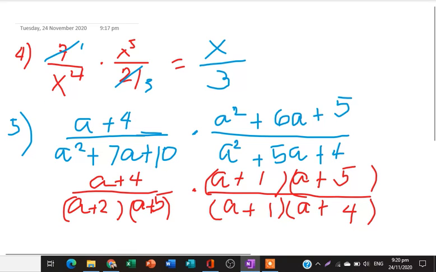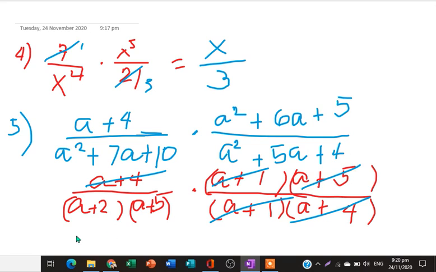So, therefore, we are going to cancel. So, a plus 4 and a plus 4 cancel. A plus 1 and a plus 1. A plus 5 and a plus 5. What remains now in the denominator is 1 over a plus 2. Okay, and that is now your answer.